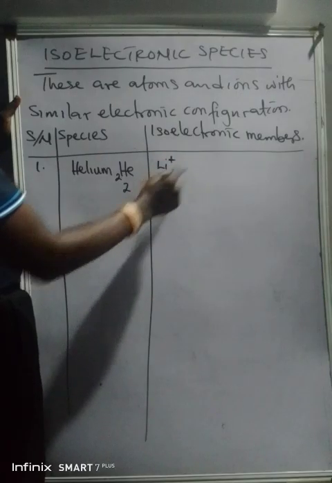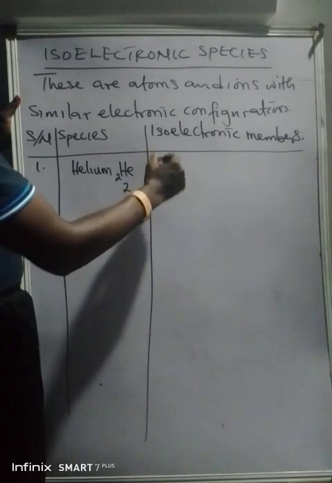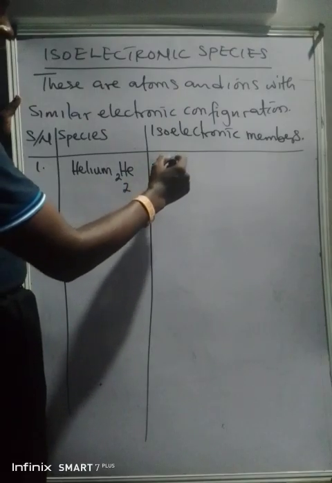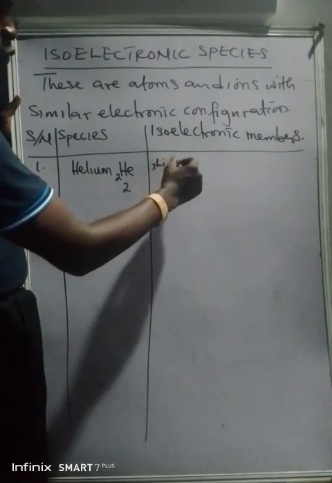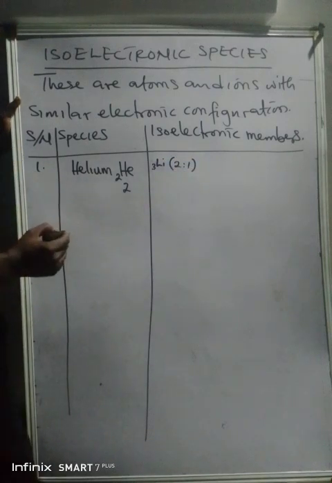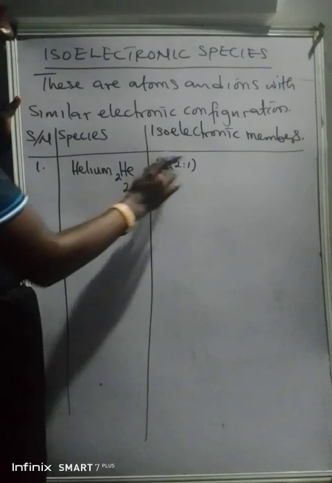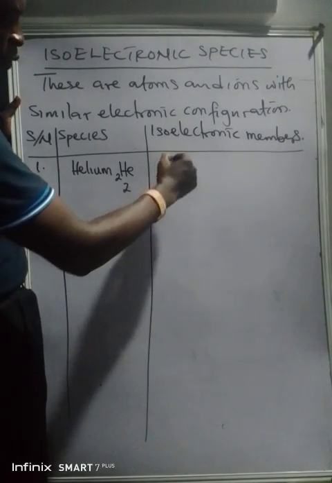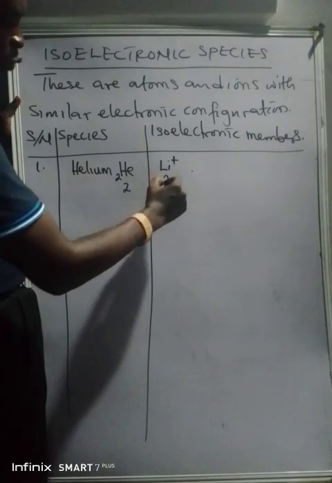Neutral lithium is 3. Configuration of it is what? 2, 1, right? But now it is carrying a plus, becoming Li+. What's the configuration going to be? 2.